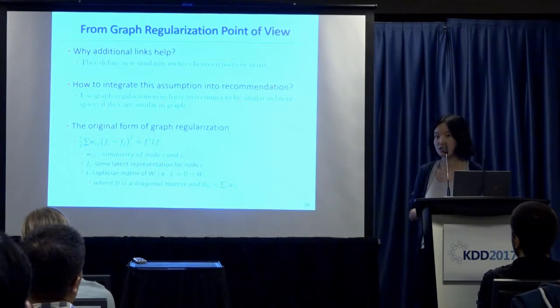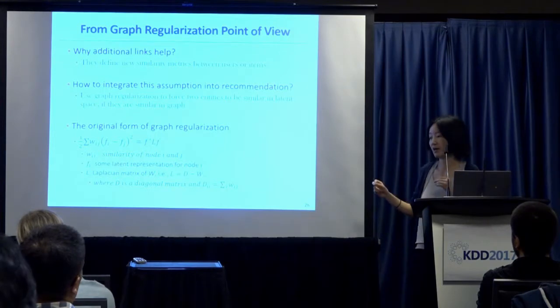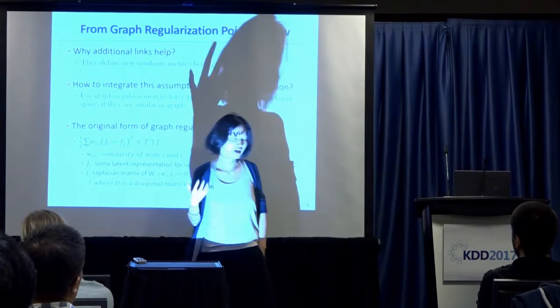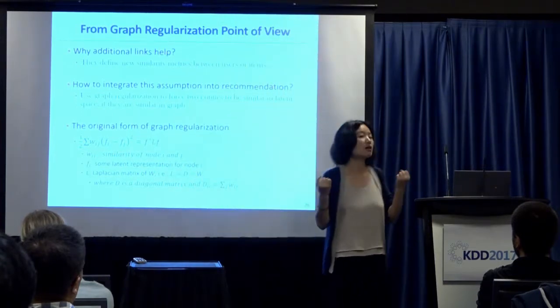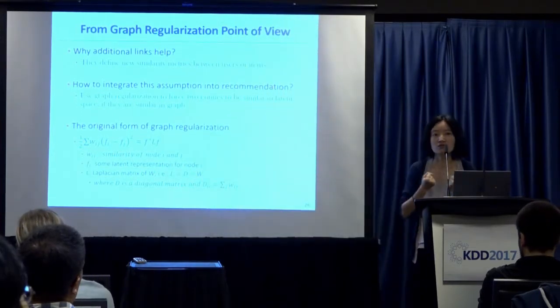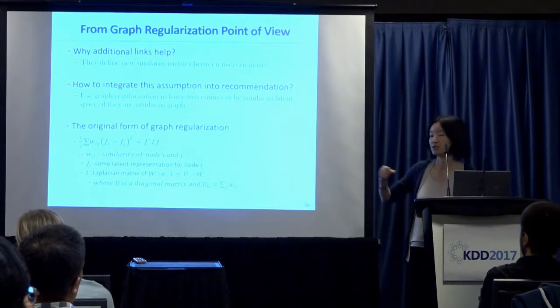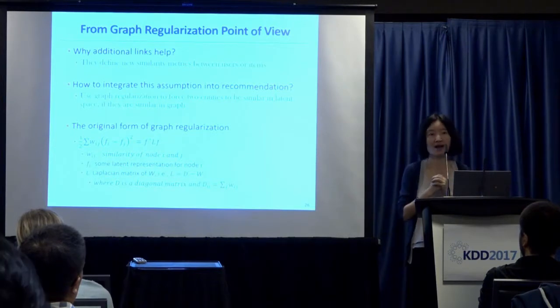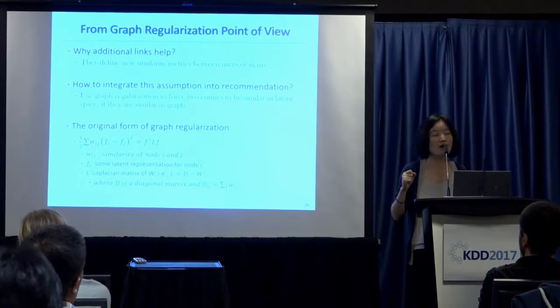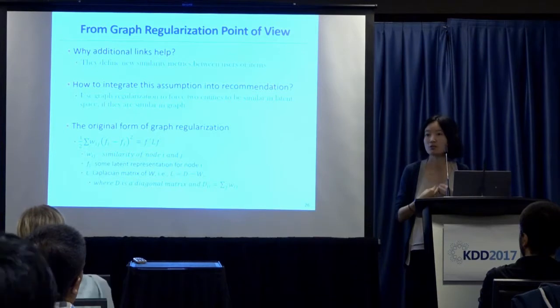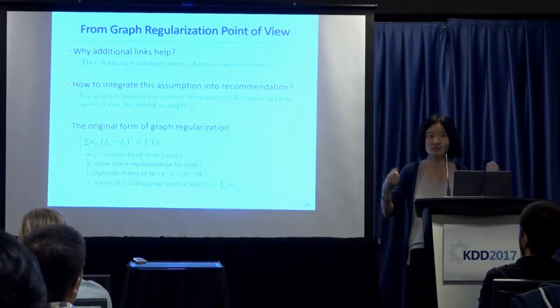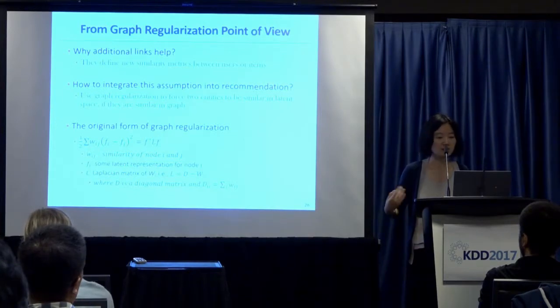So essentially the idea is that suppose two nodes have some latent representation, which is indicated by Fi and Fj, okay? Then if there's a very strong tie between those nodes, which is denoted by Wij, okay, then we hope that the difference between Fi and Fj is as small as possible, right? So it's graph regularization. Or in other words, it's another way to interpret homophily.